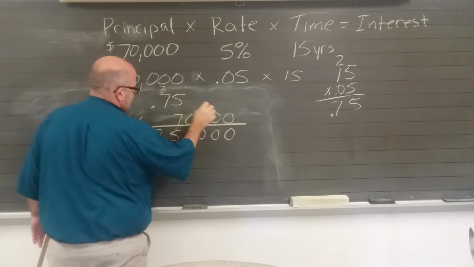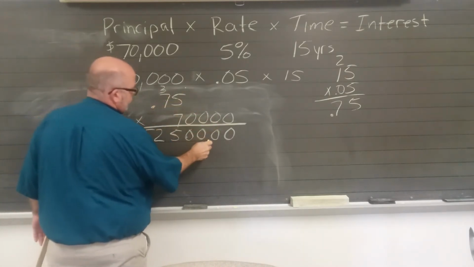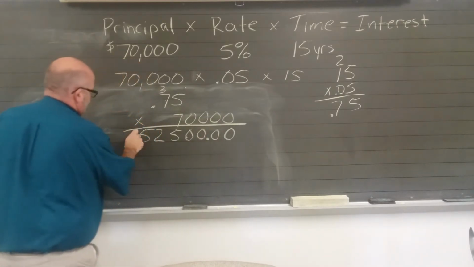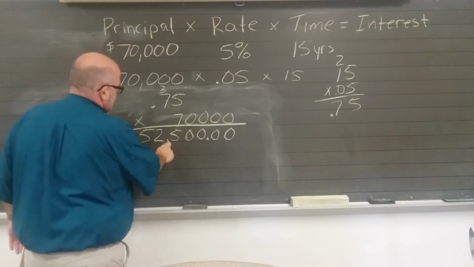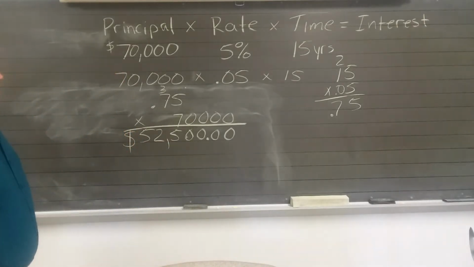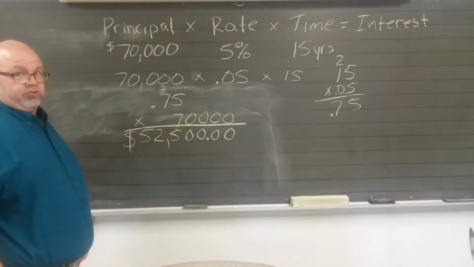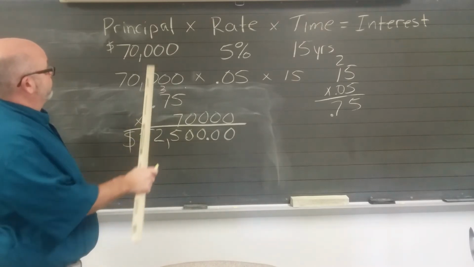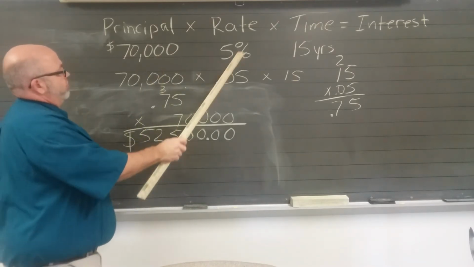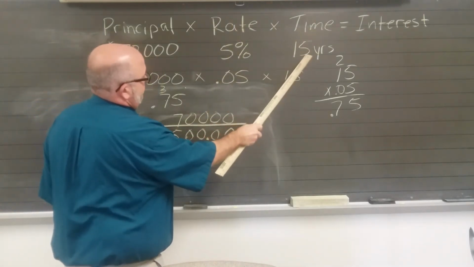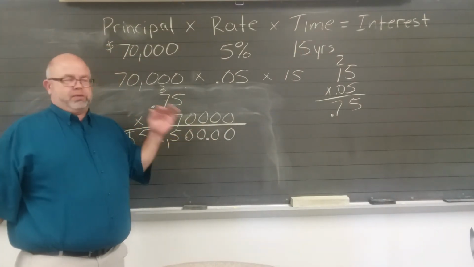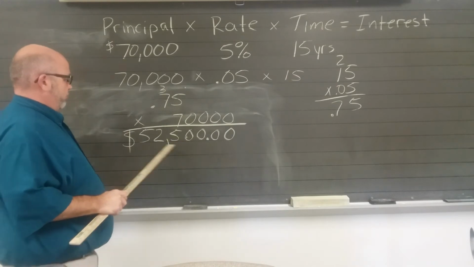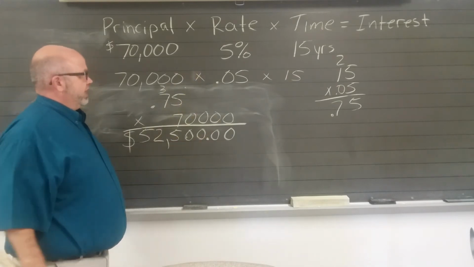Put the decimal point, 1, 2, 1, 2, put your dollar sign. You will pay $52,500 in interest for this loan of $70,000 for 5% for 15 years, okay? If you just make the minimum monthly payment, you will pay $52,500 in interest.